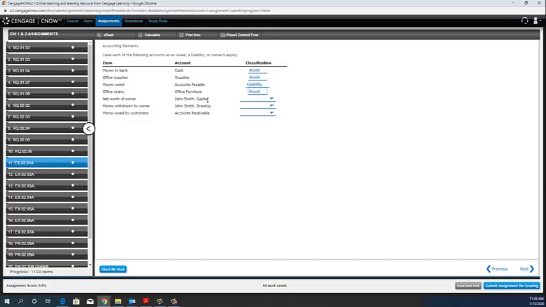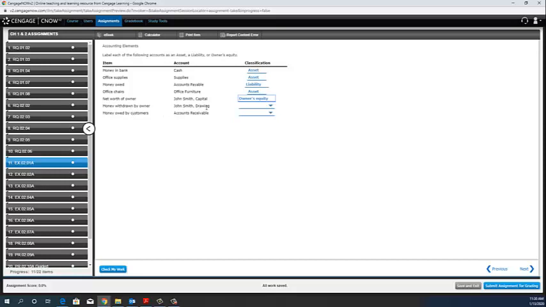So if the owner of that business adds $1,000 cash out of his personal account into the business checking, then that is an investment by the owner, and that's considered capital. So your capital is your net worth or any investments, and that falls under the owner's equity category.